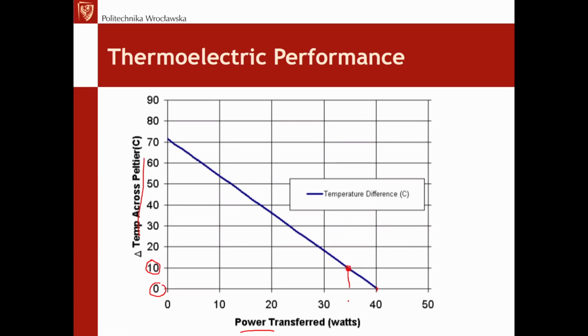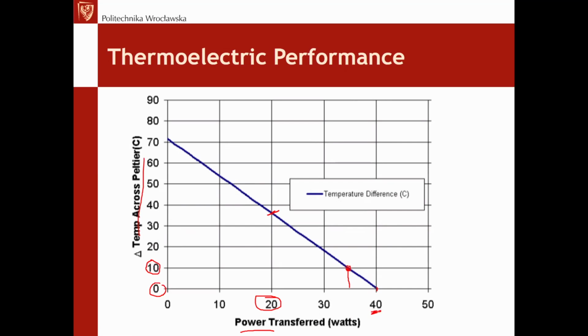The heat transfer capability of a certain Peltier module reduced from 40 watts to 34, which is about 15% less. Then if we consider 36, 37 degrees temperature difference, the efficiency drops by 50%.